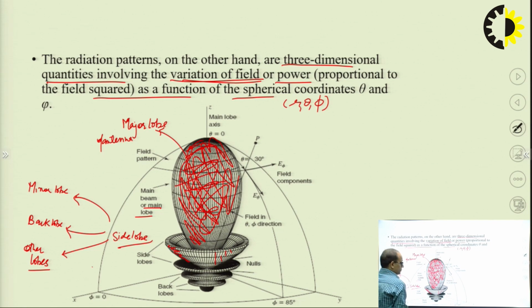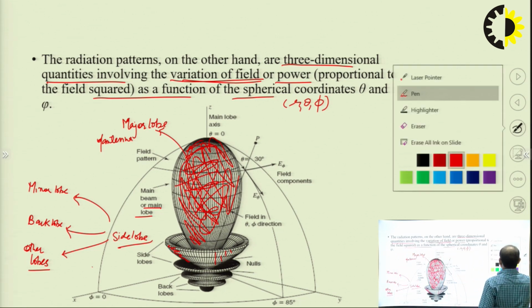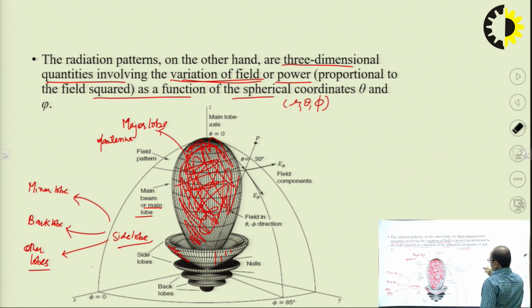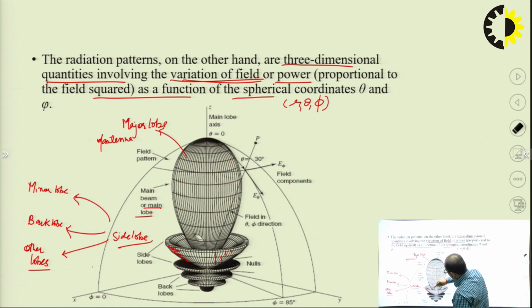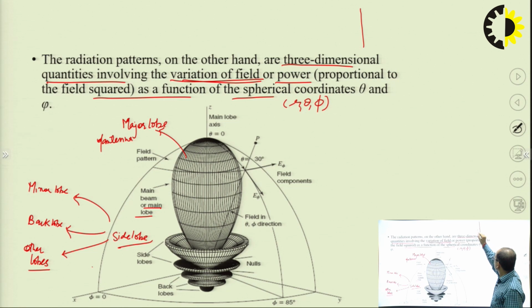So if I want to represent this radiation pattern in a two-dimensional figure, you can see this radiation pattern can be represented in a two-dimensional figure like this one.